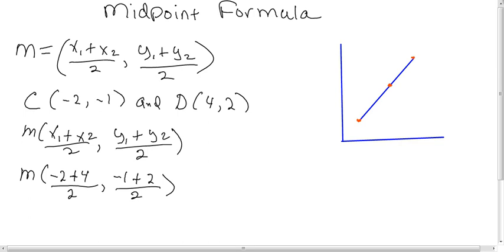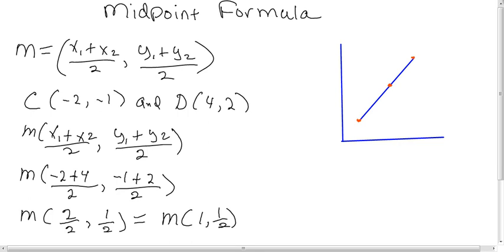And here we will have a -2. So let's go. -2 plus 2 is going to give us 2 divided by 2, comma, and here we'll have 1 divided by 2. Okay. Now when we simplify, we will get M, comma, 1 and 1/2.